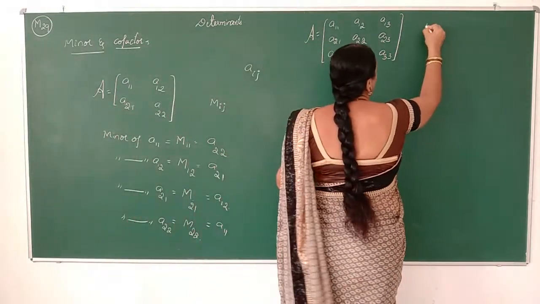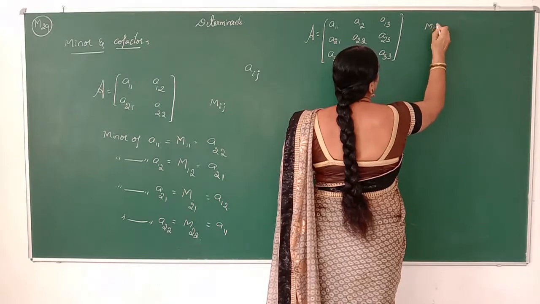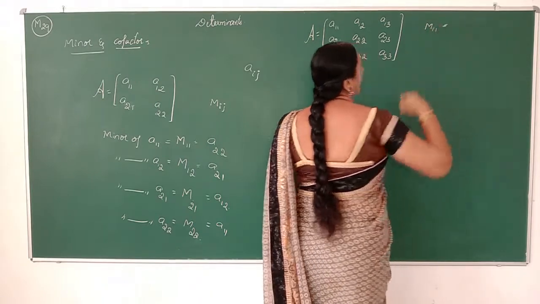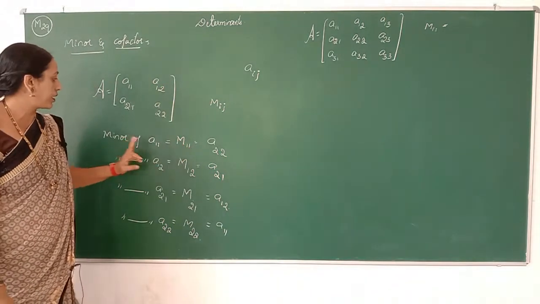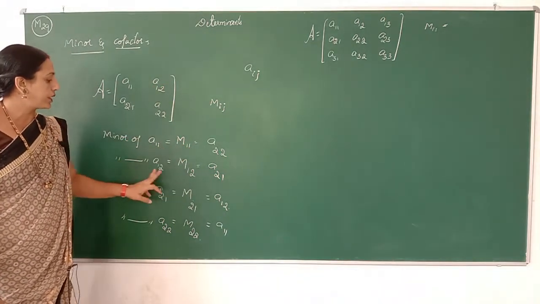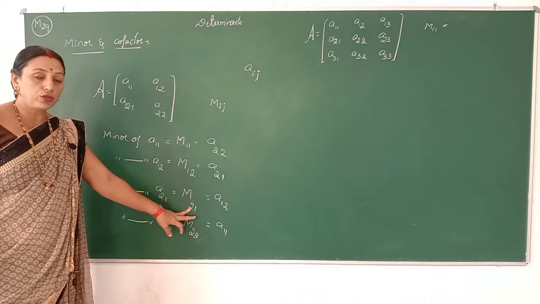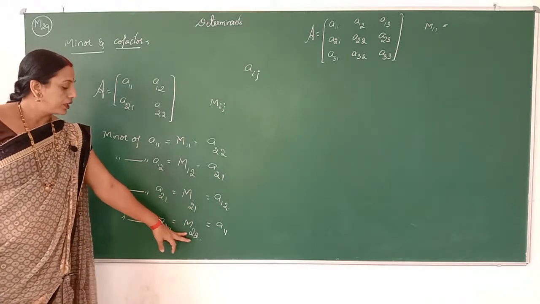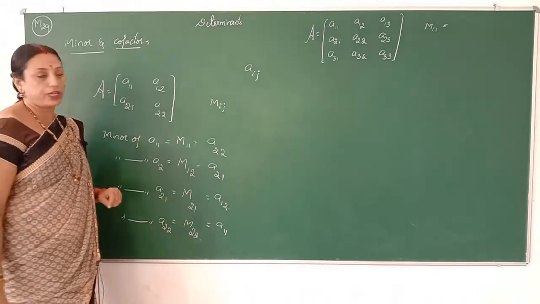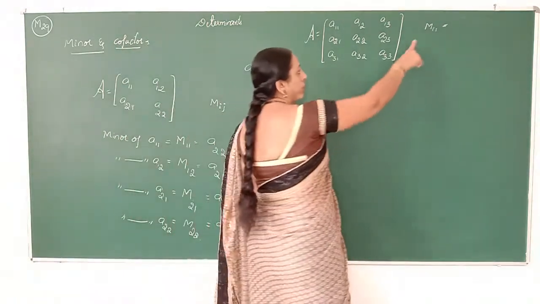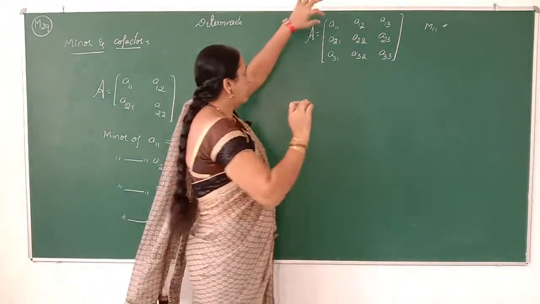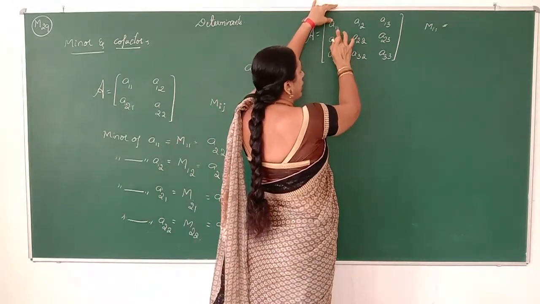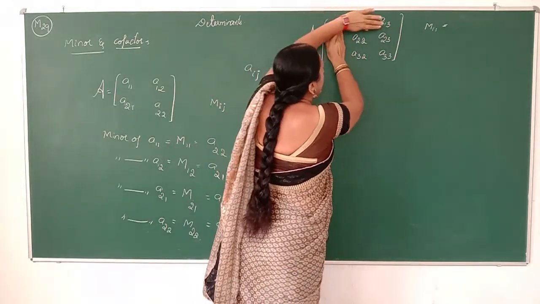Generally, M11 is the minor of A11, M12 is the minor of A12, M21 is the minor of A21, M22 is the minor of A22. M11 is called the minor of A11. A11 is an element of the first row and first column.